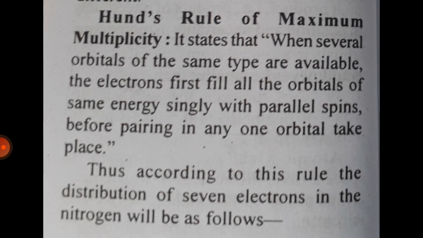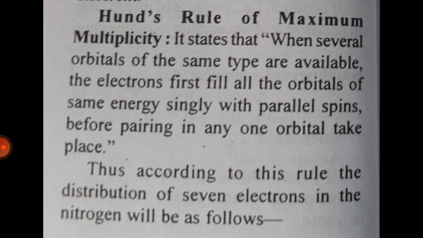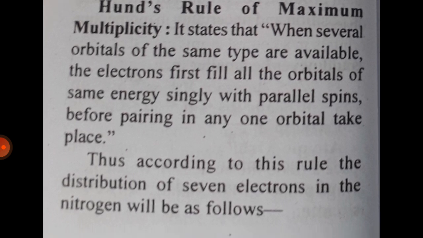Hund's rule of maximum multiplicity. It states that when several orbitals of the same type are available, the electrons first fill all the orbitals of the same energy singly with parallel spins before pairing in any one orbital takes place.